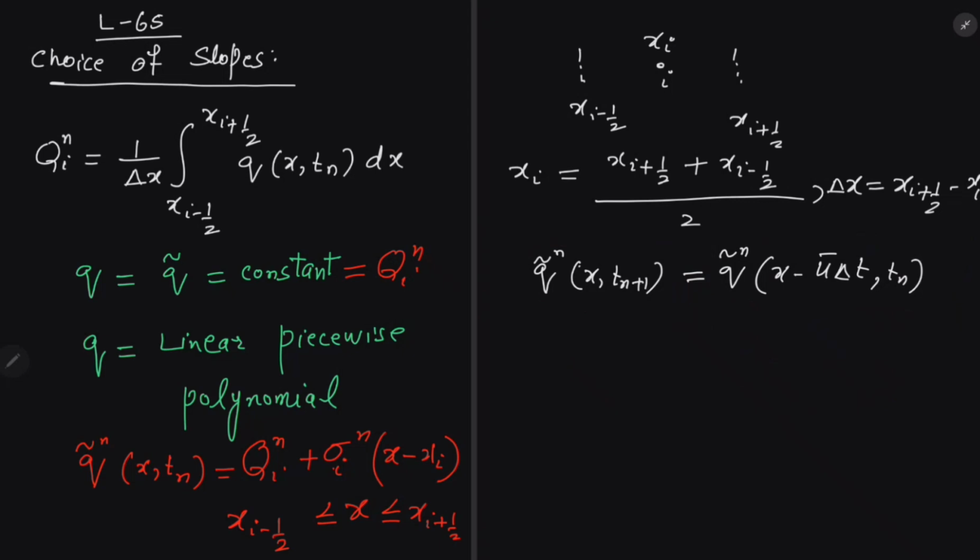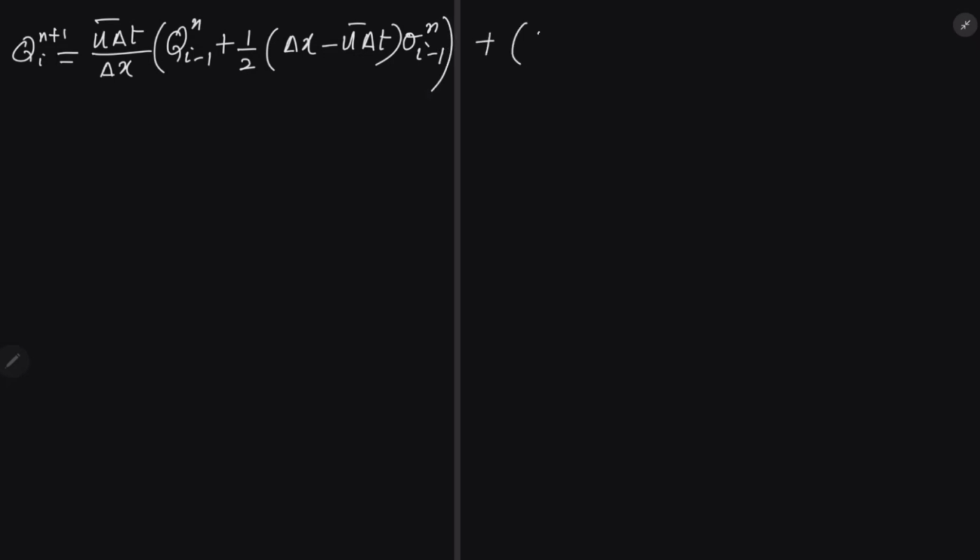When we put q tilde^n into the equation, we get Q_i^{n+1} = (u bar Δt/Δx) Q_{i-1}^n + (1/2)(Δx minus u bar Δt) sigma_{i-1}^n plus (1 minus u bar Δt/Δx) Q_i^n minus (1/2) u bar Δt sigma_i^n.